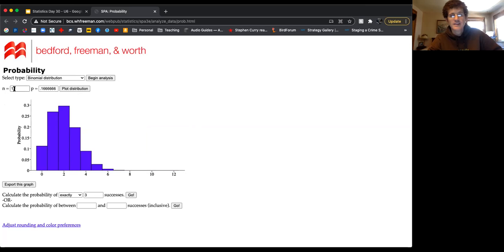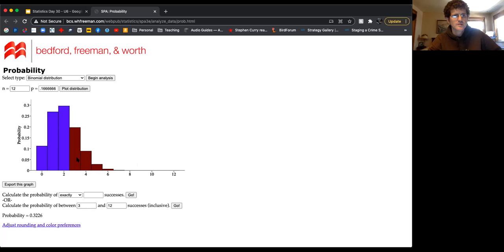Here's 12 dice. That seems like a pretty good deal. What's the probability you could get 3 or more? So I'm going to say the probability of getting anywhere from 3 to 12 successes, it doesn't matter. Look at that. There's only a 32% chance that you would actually succeed. If you want to test this out, get 12 dice at home and do this about 1,000 times. Let me know if it happens about 32% of the time. All right, but statistically, that's what should happen.